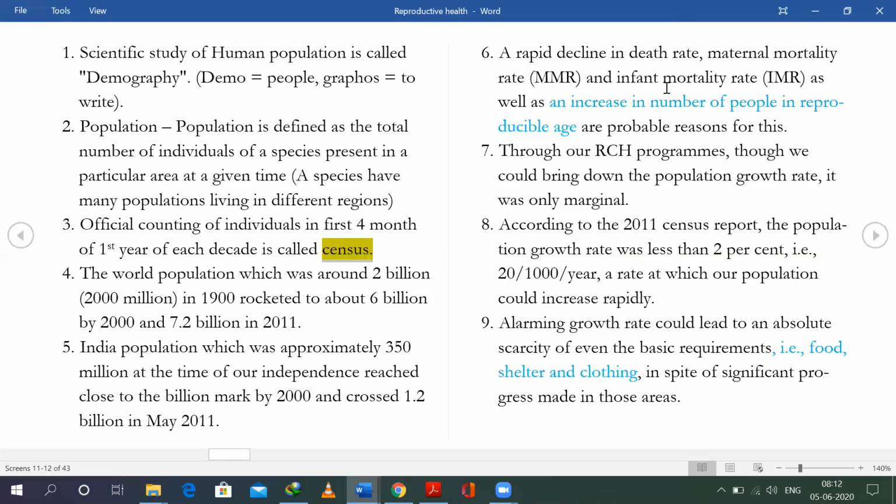It used to be more before all these scientific advancements came, but nowadays they have been reduced. As a result, there is a significant decline.